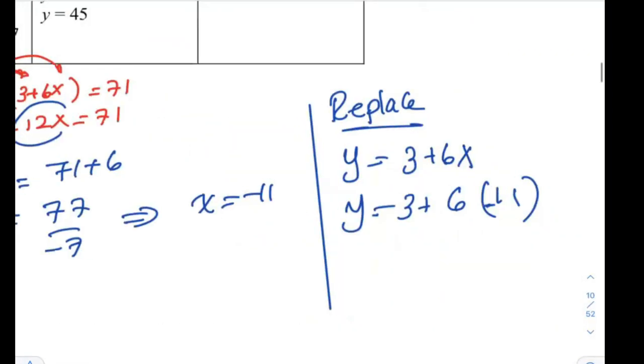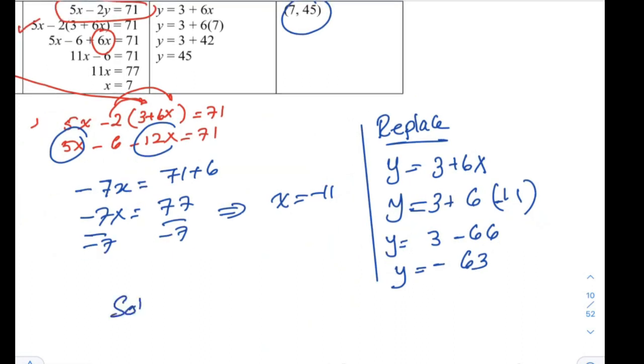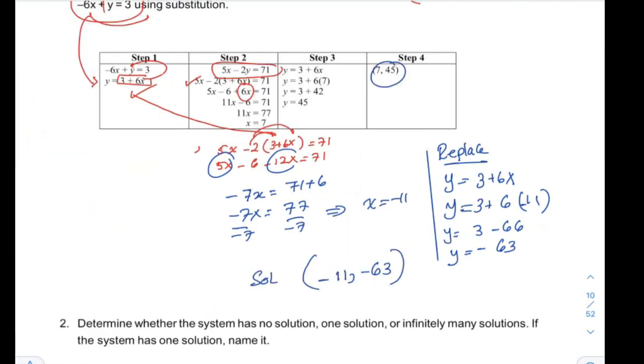And this leads to y is 3 minus 66, which is negative 63. That means the solution is the ordered pair negative 11 and negative 63. Any solution should include an x coordinate and a y coordinate.